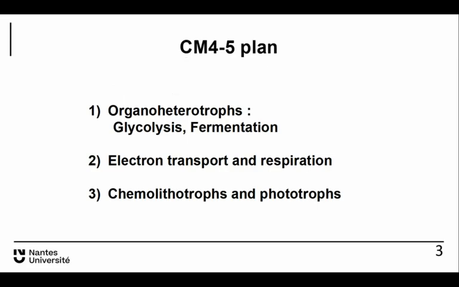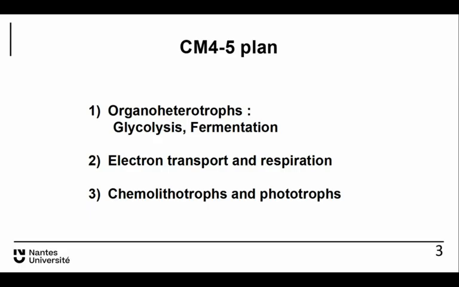Now, what we're going to do is first start with perhaps the simplest way of getting energy, which is to produce or extract energy from organic chemicals without any oxygen. So these bacteria will be organoheterotrophs.